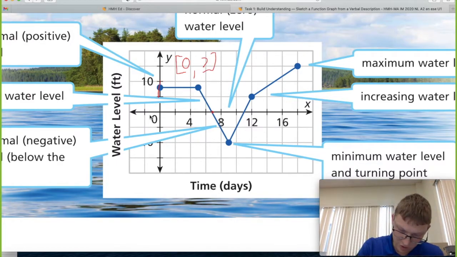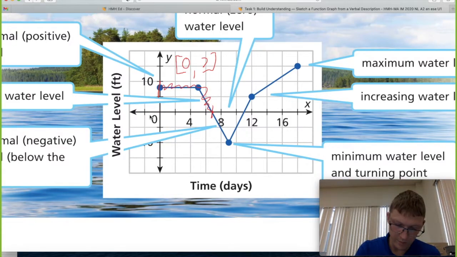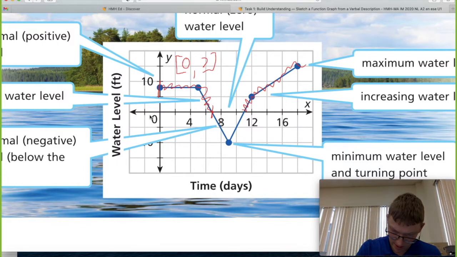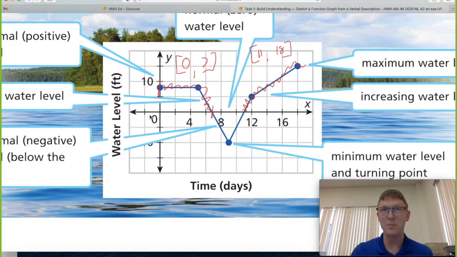That is this chunk right here. And then that is, again, this chunk right here. So then we could say it's 8, 9, 10. We'll say that's 11. I'm making some of these numbers up. 11 to 18. So those are the intervals where the graph is positive.